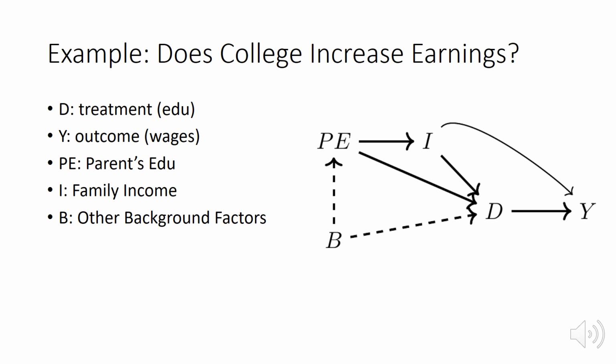Okay, so Chloe got us started. We've got this unobserved variable or set of variables, other background factors. It influences both whether or not your parents went to college and whether or not you're going to college. What else? What can we learn from this DAG?